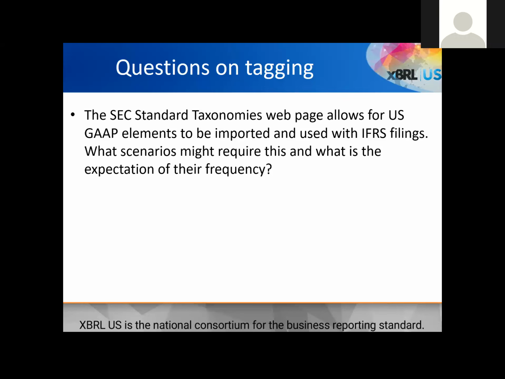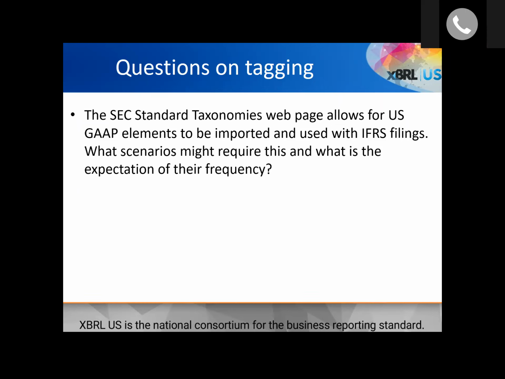Those elements are already contained in the US GAAP taxonomy, and their references are to the S99 section of the Accounting Standards Codification, which is the SEC section. So the intent was not to open up the US GAAP taxonomy for any element that might work. It's really to provide for something specific to the SEC disclosure requirements, and primarily those are the schedules and the form requirements. Jill, do you have something to add?